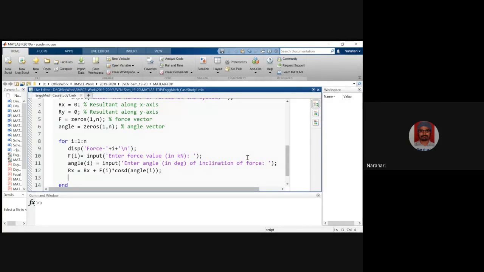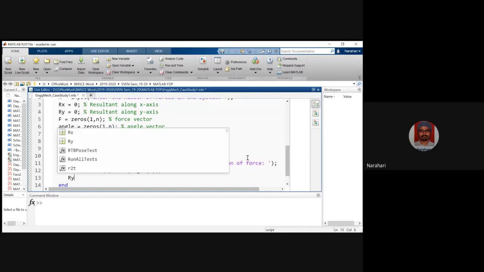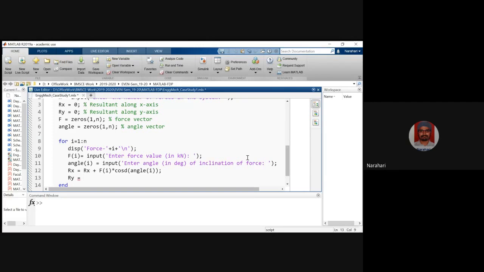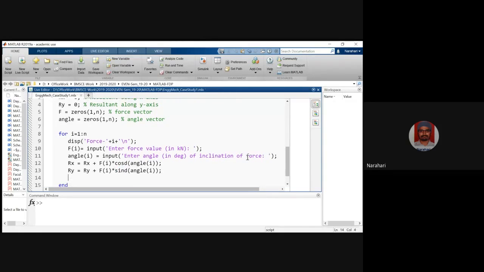It could be 125 as per the diagram. So, not an issue. Then similarly, Ry equals Ry plus, I just copy paste this whole thing. Right?